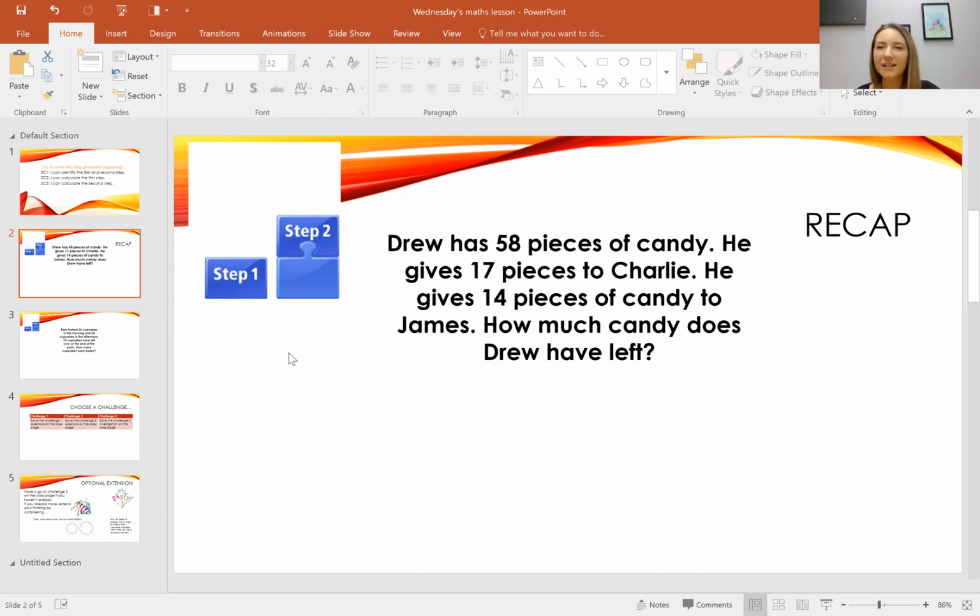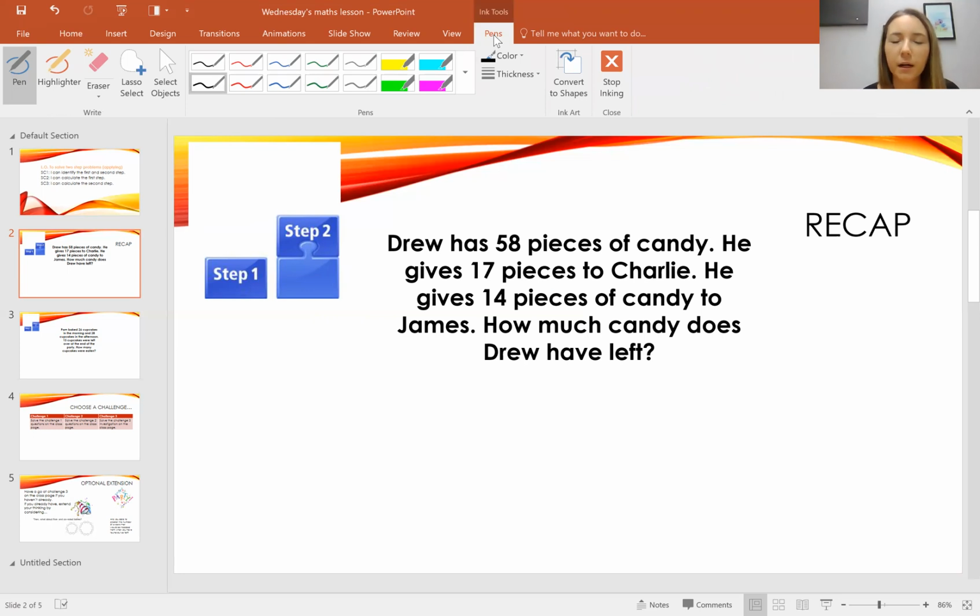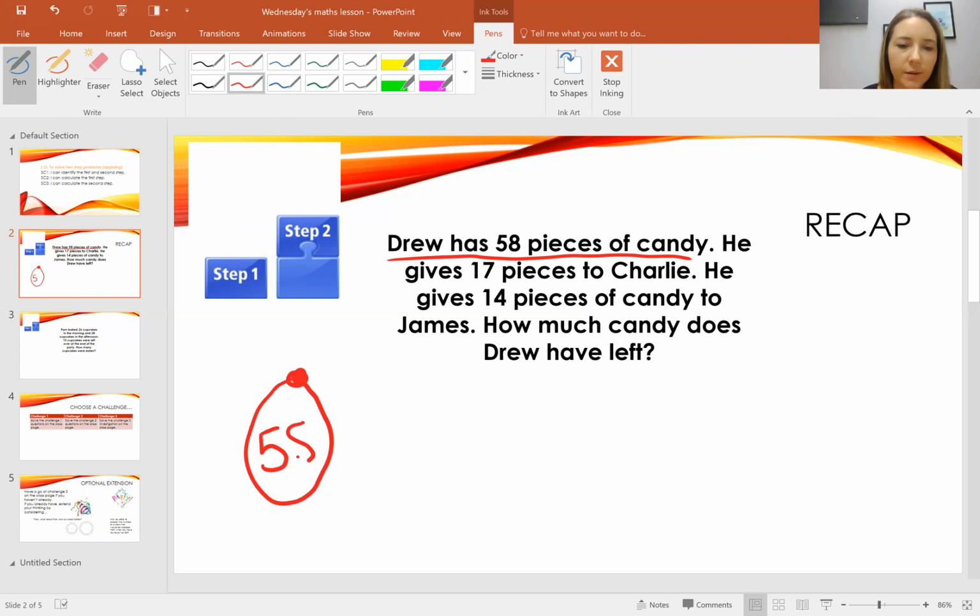Have you done that? Well done. So I could draw the problem out by looking at each part of the information. So the first part is Drew has 58 pieces of candy. So I might draw a bag of sweets and put 58 in there. So I know he has 58 pieces of candy.